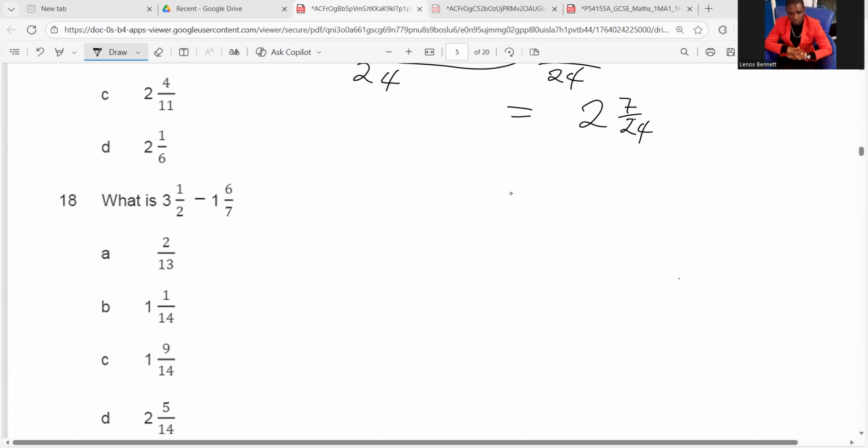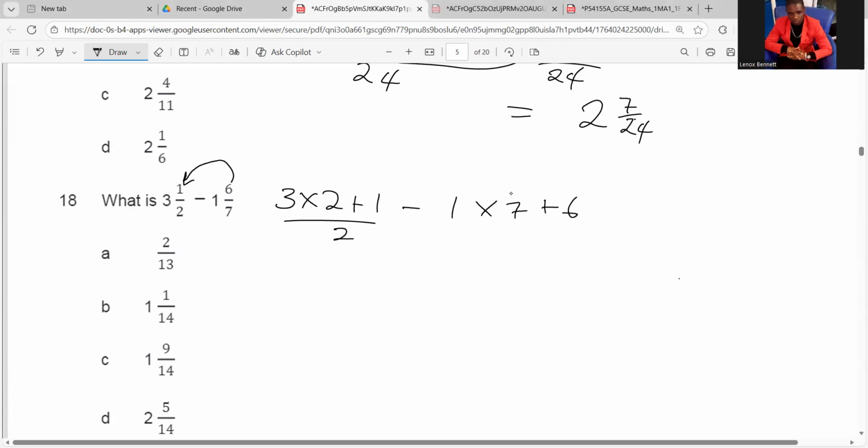I'm going to do the conversion because 6 over 7 is greater than a half. So 3 times 2 plus 1 over 2 minus 1 times 7 plus 6 over 7. So 3 times 2 is 6, plus 1, 7 over 2. And 1 times 7 is 7 plus 6, 13 over 7.